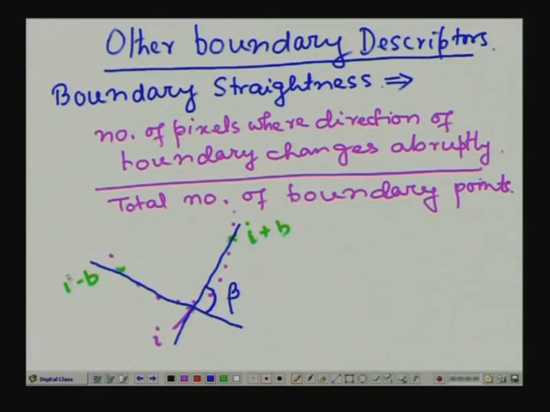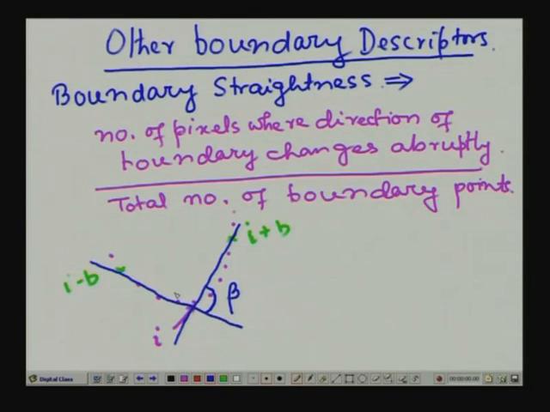So, you find that if the boundary changes abruptly at this pixel location I, then the value of this angle beta will be quite high. Whereas, if the boundary does not change abruptly at this location I, then the value of this angle beta will be very low.